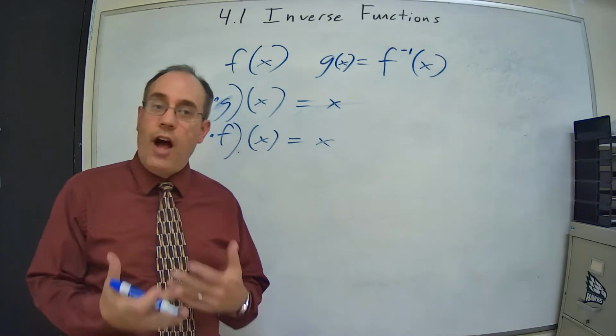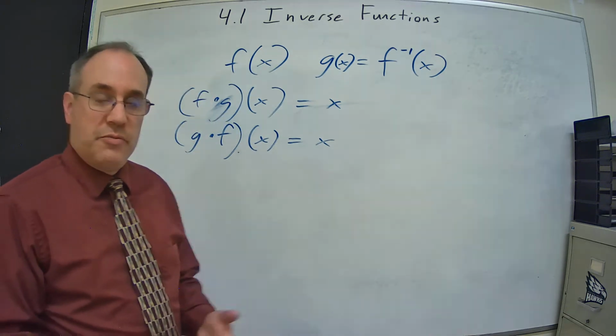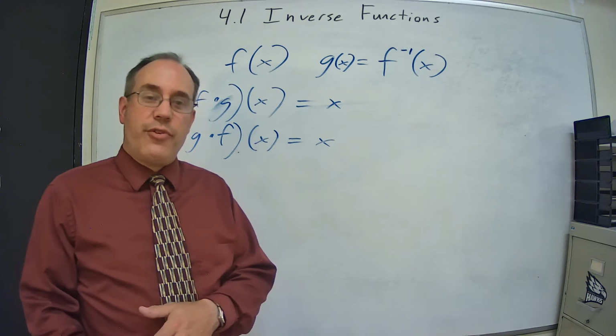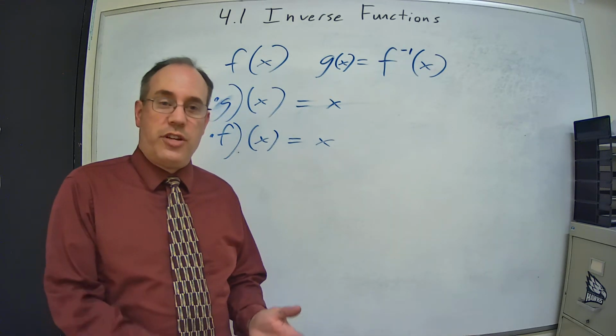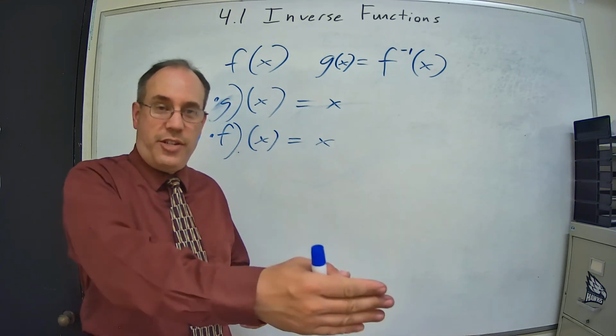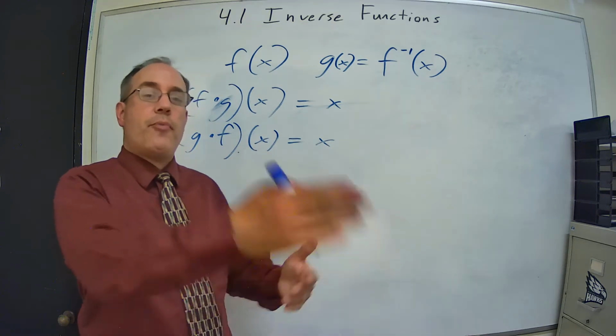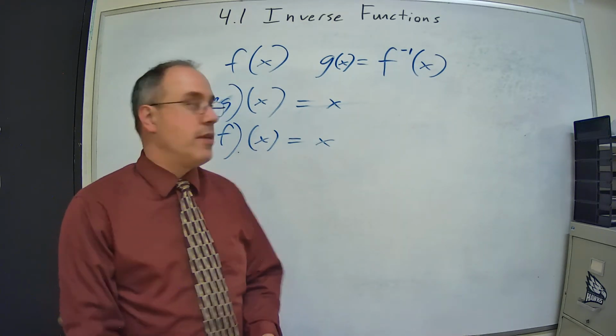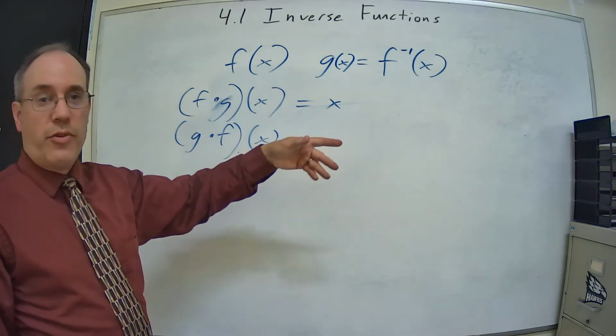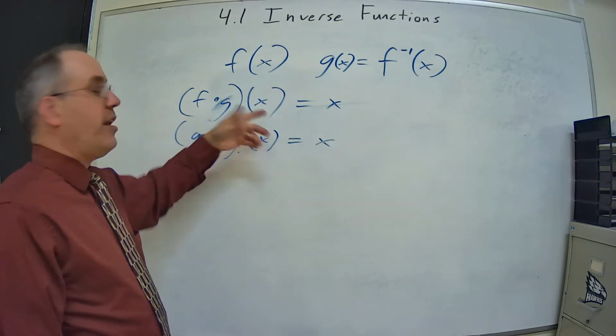Remember, I said that they undo each other. Division is the inverse of multiplication. If I multiply by a number, it changes. If I divide by that same number, I end up back where I started.